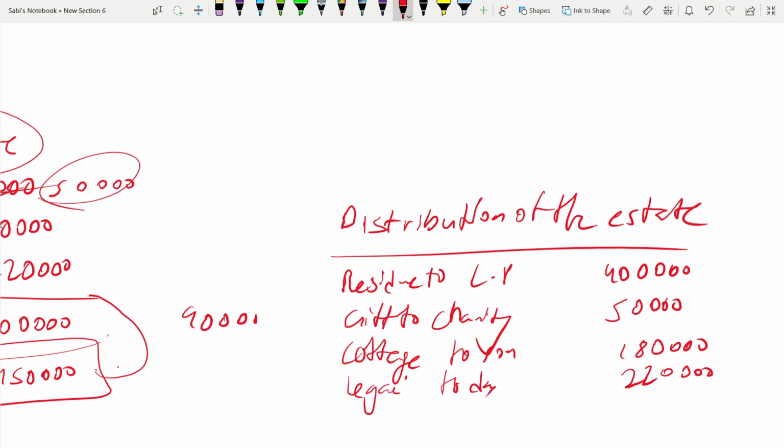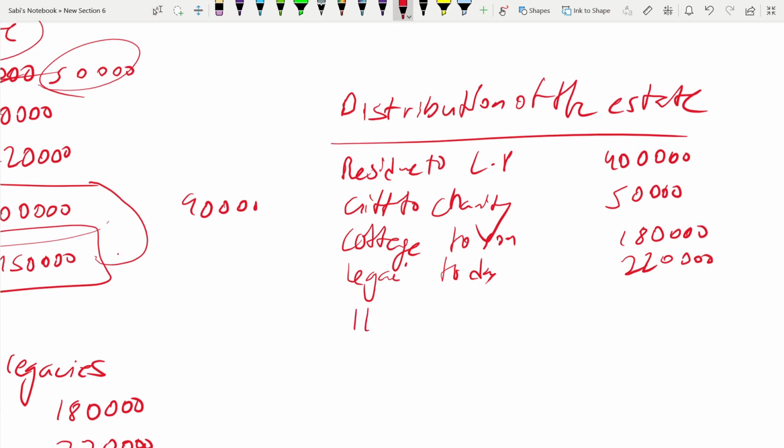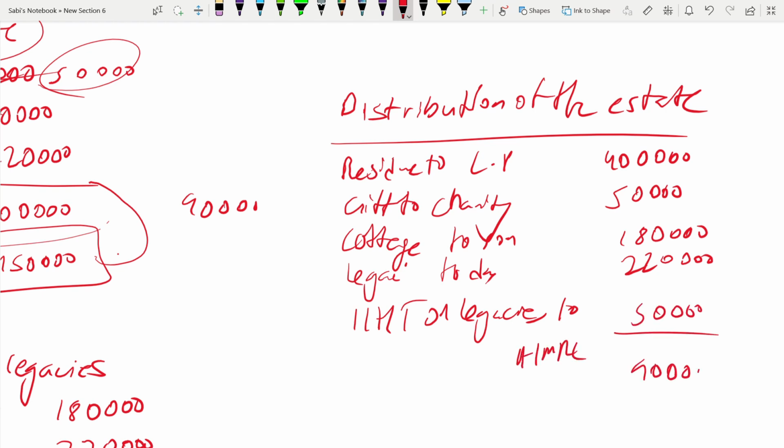And then finally IST on legacy. Just now we got it through single grossing up. IST on legacies to HMRC 50,000. If you add up, it's 900,000. This is how you see whether all these are correct or not. You see?